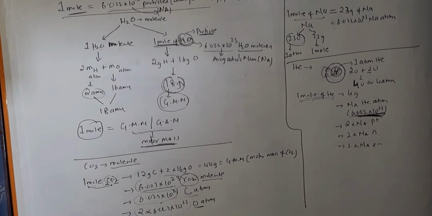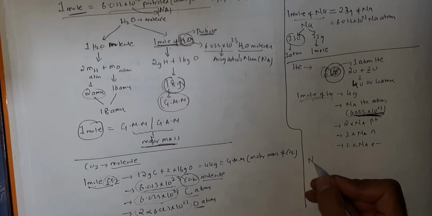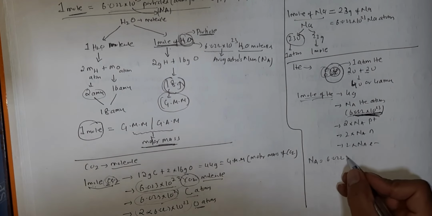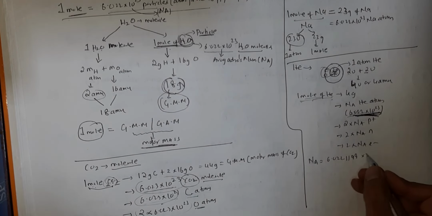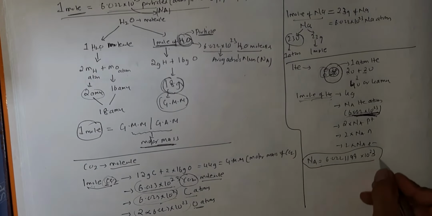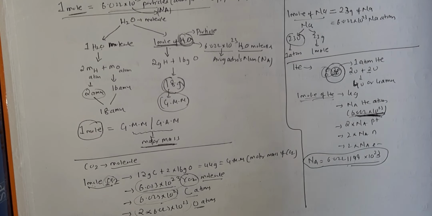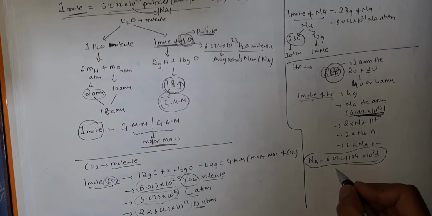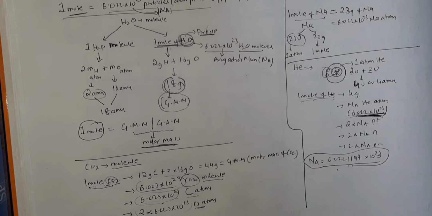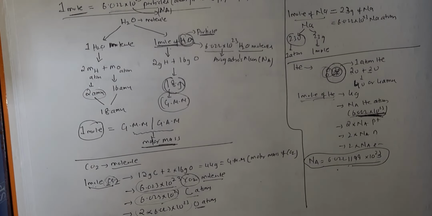He found that the actual value of Avogadro number is 6.022 1199 into 10 raised to 23 experimentally. So Avogadro number was not found by Avogadro. Avogadro proposed his law in 1811, and this number was confirmed in 1933. But the name was kept because the thought process was given by Amedeo Avogadro.